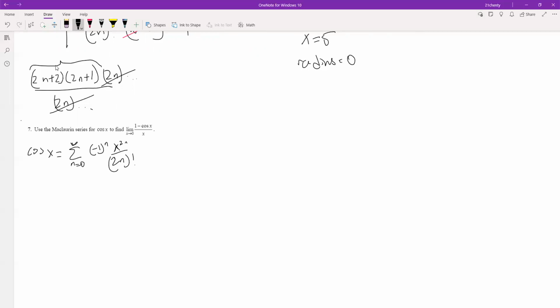So we can just sub in, let's just look at the first 3 terms or so: 1 minus x squared over 2 factorial plus x to the 4th over 4 factorial, etc. And then we'll plug this into our limit.